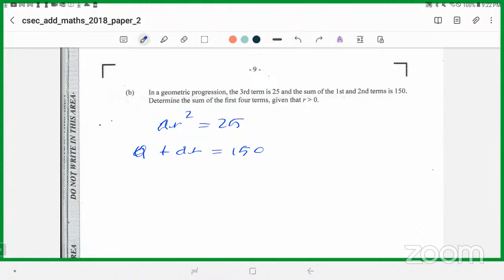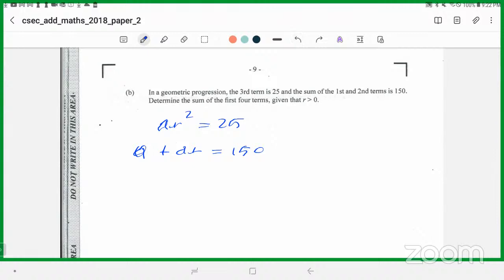Now listen, a little tip for you. When you get simultaneous equations derived from a geometric progression, you tend to solve them by dividing them, because they are created by multiplying by a common ratio.